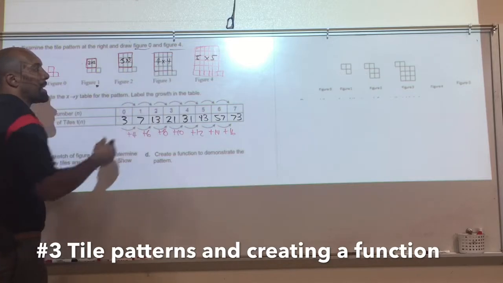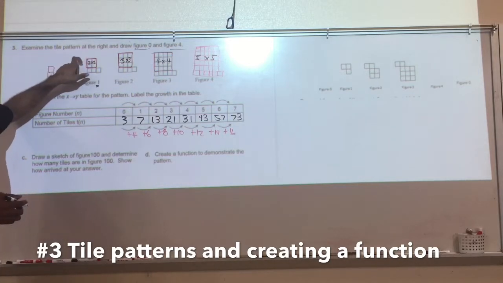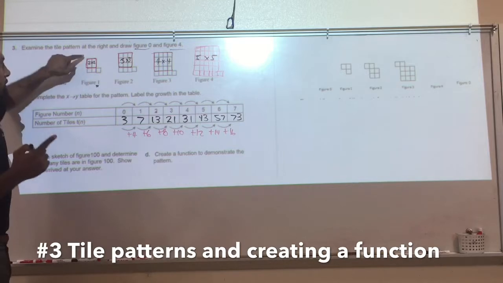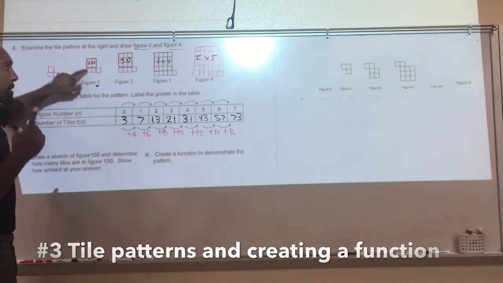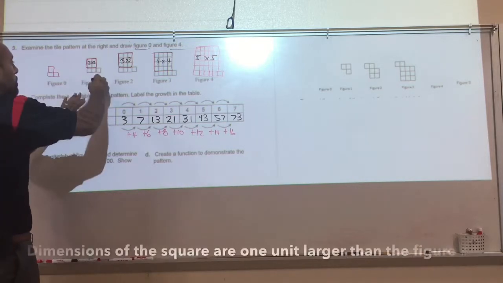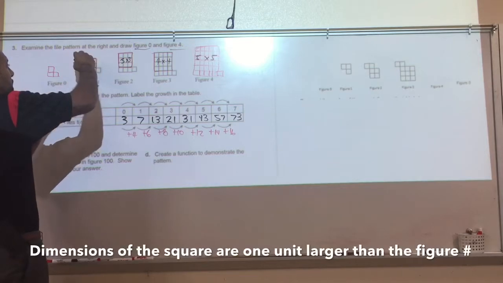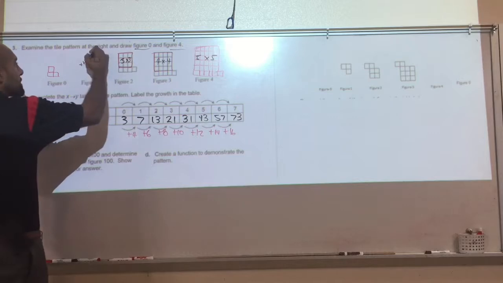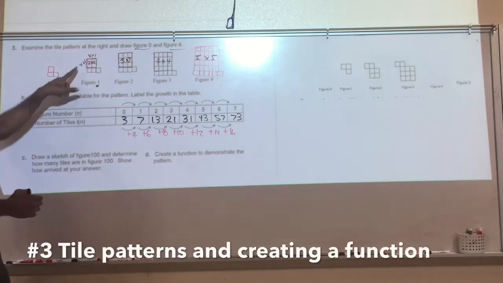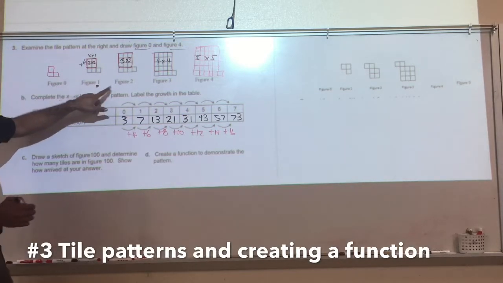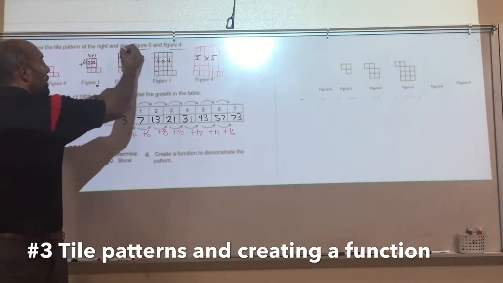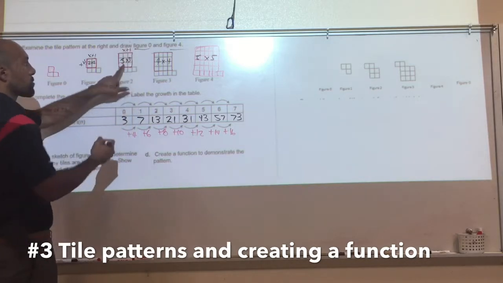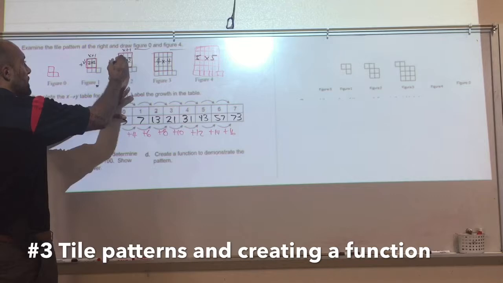Figure 3 has 4 and 4. So one side of the square is 1 bigger than the figure number. So I could say that this is x plus 1. That means this is also x plus 1, because x is the figure number. Here it's 2 plus 1, or x plus 1, which is 3.